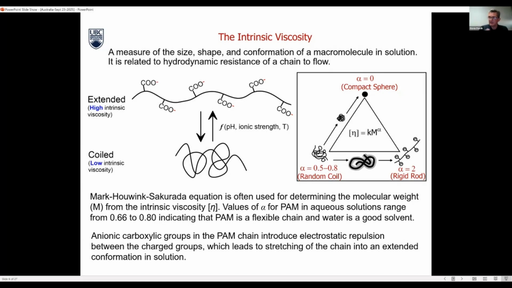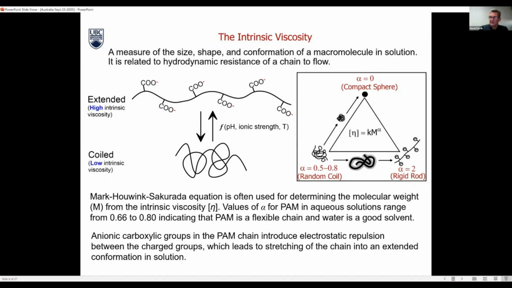If you play with pH back and forth, you can actually see that changing pH will result in either an extended conformation or a coiled one. Generally speaking, extended conformations, those that will oppose flow, right, will be of high intrinsic viscosity. And anything coiled will be of relatively low intrinsic viscosity.